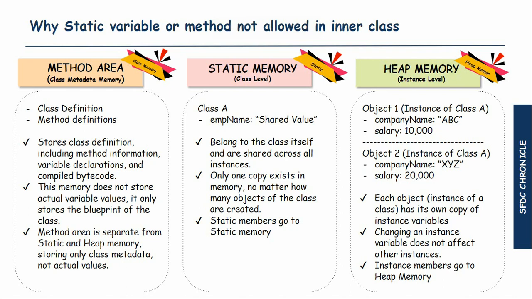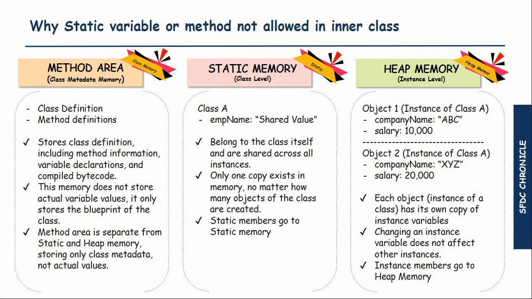This memory does not store any actual variable values. It just stores the blueprint of the class. It does not store any value of either static memory or heap memory. So this is completely different. This class metadata memory, or method area, is completely different from the class level or instance level, or static memory and heap memory.